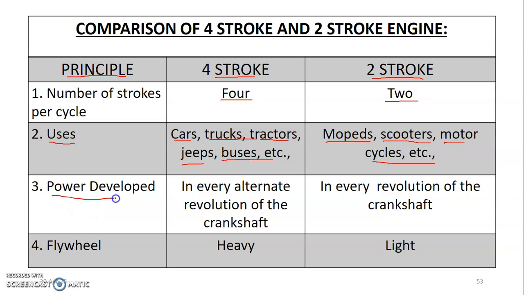Then we have power developed. How much power will be developed in a 4-stroke engine and a 2-stroke engine in every alternate revolution of the crankshaft, we already discussed. In a 4-stroke engine, the crankshaft will rotate 2 revolutions to complete 4 strokes, and we get the power stroke only in one revolution of the crankshaft.